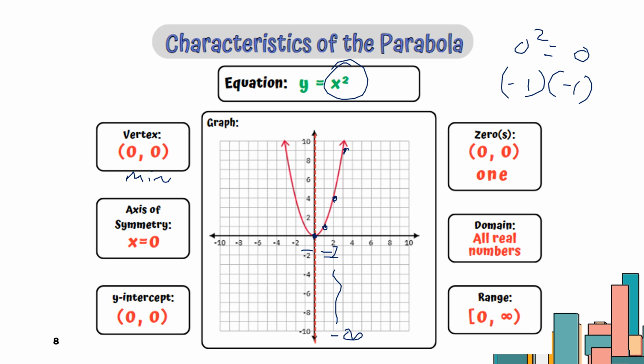Your axis of symmetry, in this case, is just the y-axis. There's a red dotted line here. If you folded this over on top of itself, it would lay perfectly. So your axis of symmetry is x is equal to 0. Your y-intercept, once again, is 0. Sometimes you'll see it written as this. That's how I chose to write it.